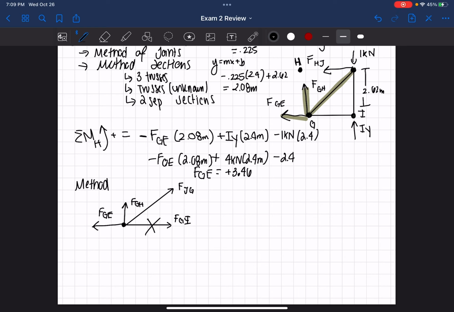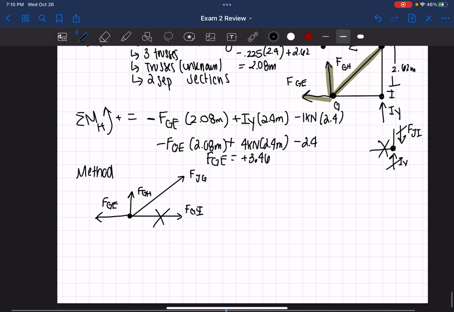And the reason why this is a non-zero force member is because if you look at this joint over here, you have IY, and then you have JI, the force of JI. So these two cancel out, and there's nothing to cancel this out, so we know that this is a non-zero force member. So that doesn't even apply to our problem.